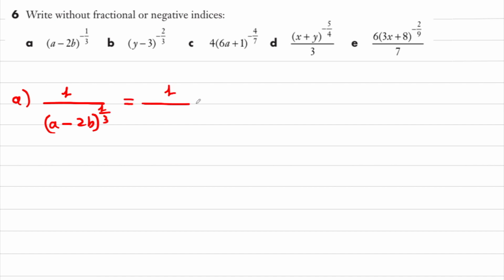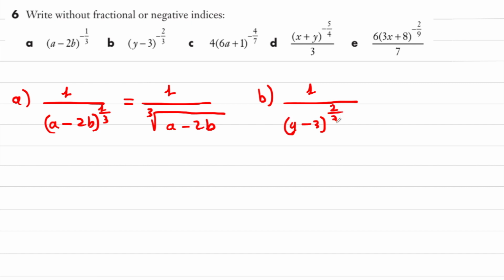This means 1 over the cube root of (a minus 2b). And for question B, minus 2 over 3 means 1 over (y minus 3) to the power of 2 over 3. After that you can convert this to the cube root of the bracket (y minus 3), and you've got the square outside. Yes, that is question B.